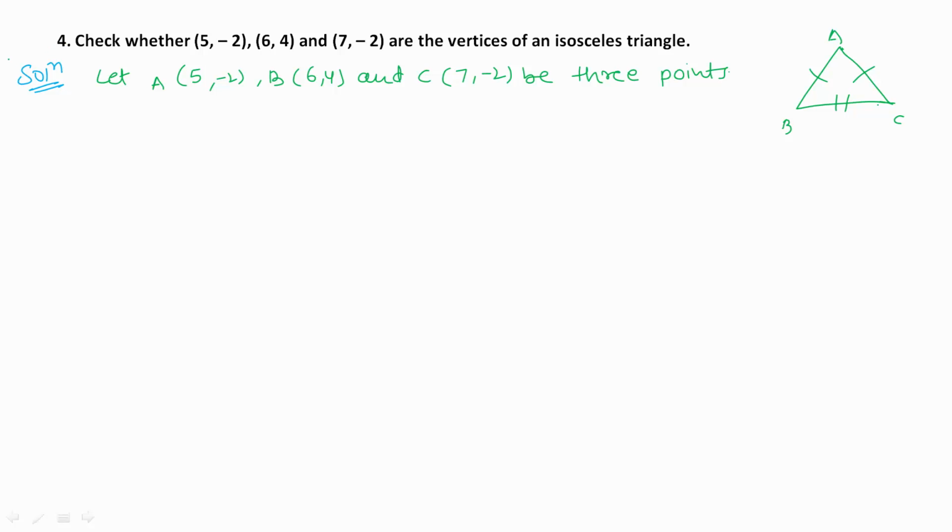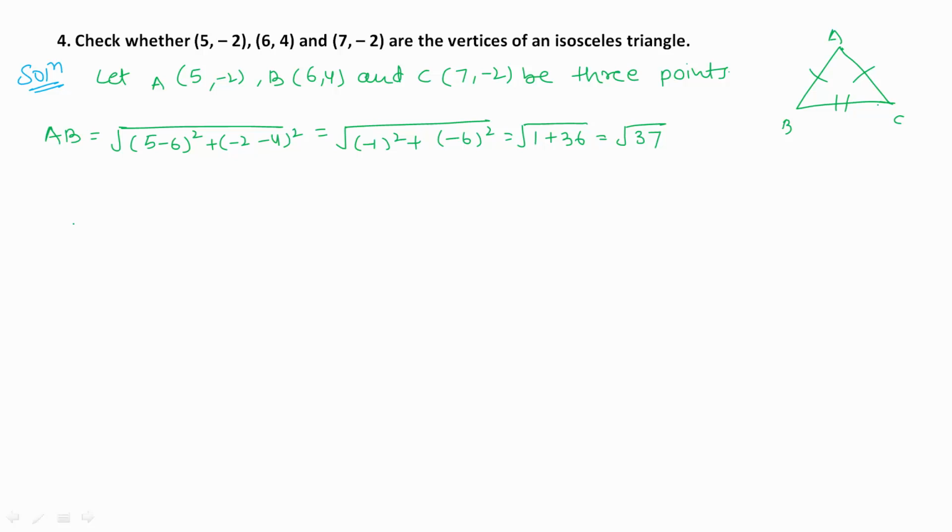So first I am going to find the distance of AB. Distance of AB is equal to under root (5 minus 6) whole square plus (-2 minus 4) whole square, which is under root (-1) whole square plus (-6) whole square. (-1) whole square is 1 and the square of 6 is 36, so it is equal to under root 37.